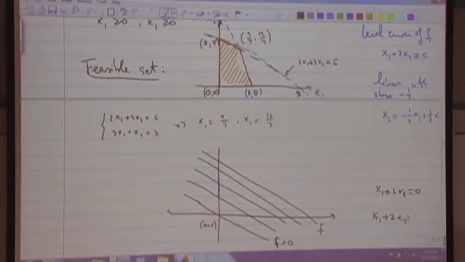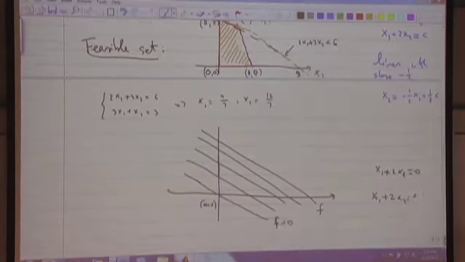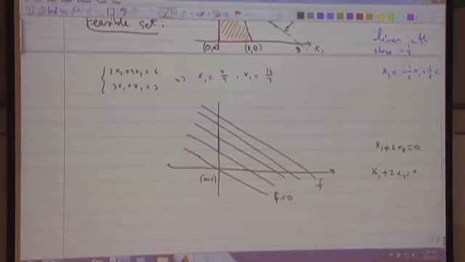Happens when x2 is 0 and x1 is 2. You can find the intercepts, right? So this would be 2, 0, and this would be 0, 1, right?